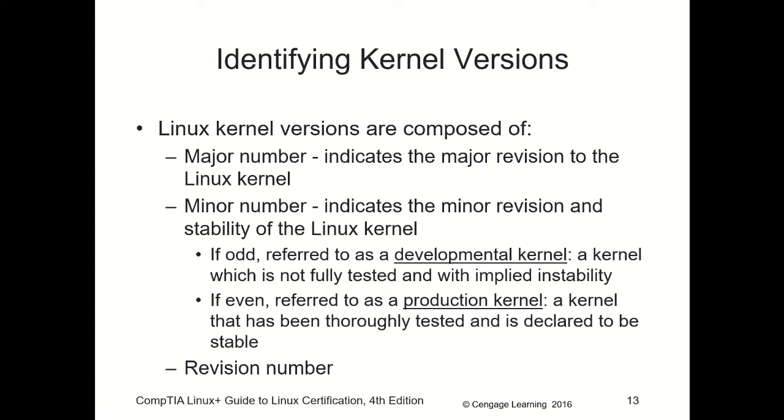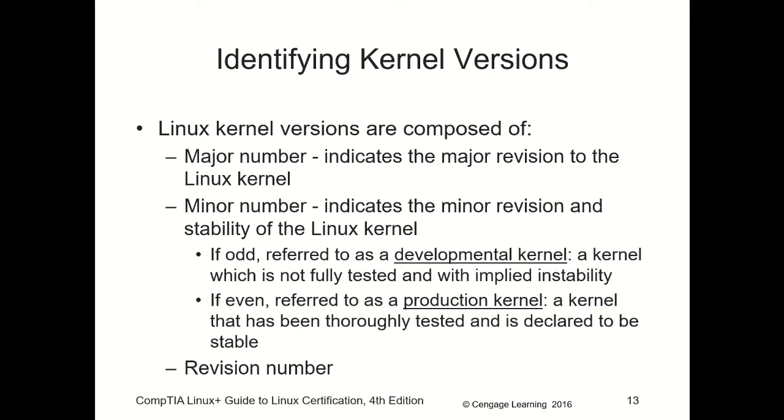Linux kernel versions are composed of a major number that indicates the major revision of the Linux kernel. It has a minor number that indicates the minor revision and stability of the Linux kernel. If the minor number is odd, it is referred to as a developmental kernel, an experimental kernel which is not fully tested, with implied instability.